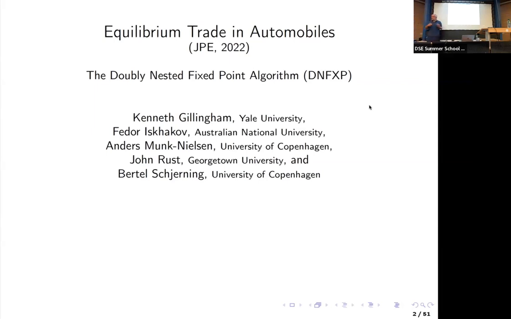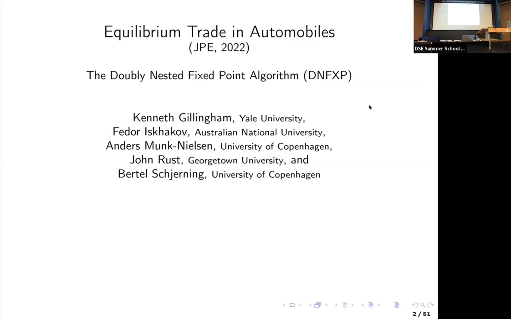This is going to be an equilibrium because the prices at the secondary market have to equate supply and demand. Okay? So not everybody is demanding 2-year-old Volvos, and nobody wants to sell their 1-year-old Volvo. So we're going to have an extra loop that tries to find the equilibrium prices at the secondary market.